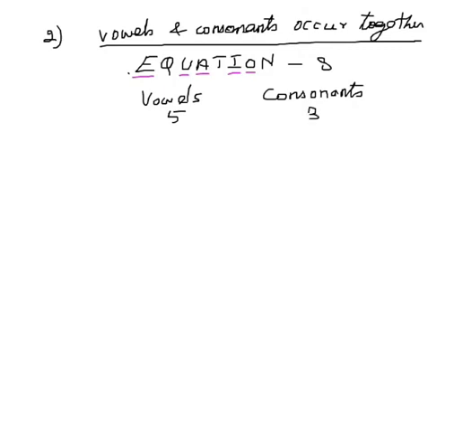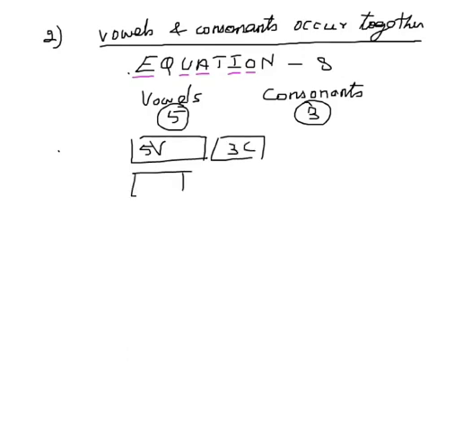We have to use all the letters of the word equation. All 5 vowels and all 3 consonants should be used. We can put vowels together first, 5 vowels together and then 3 consonants can be arranged, or we can put 3 consonants first and then 5 vowels. So 2 ways are there to arrange.